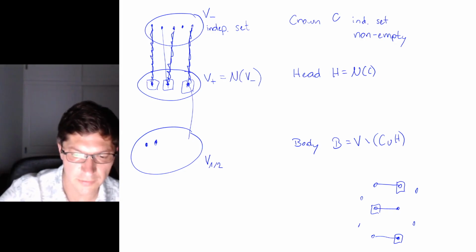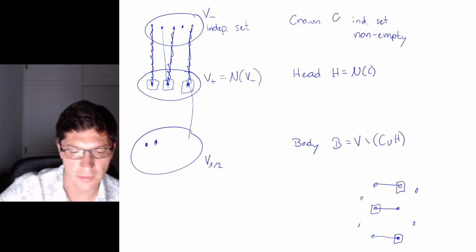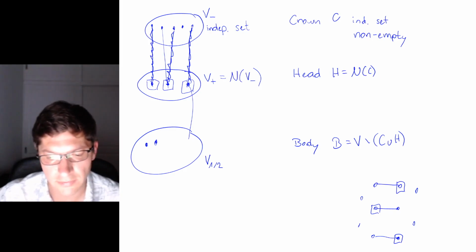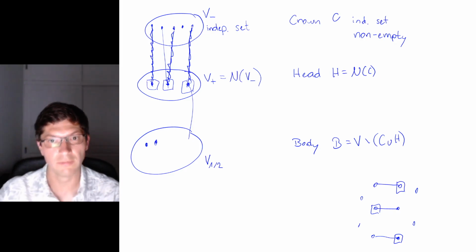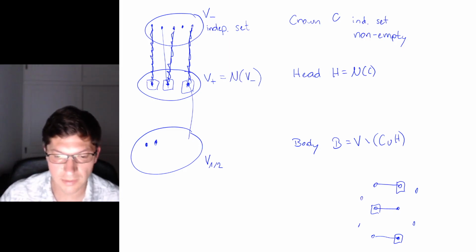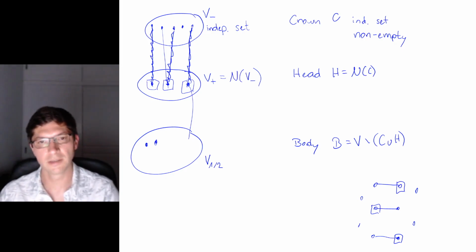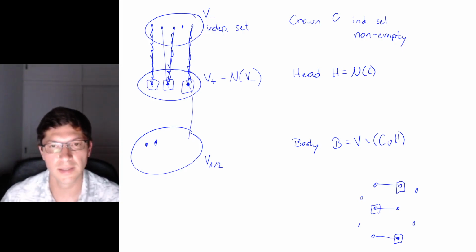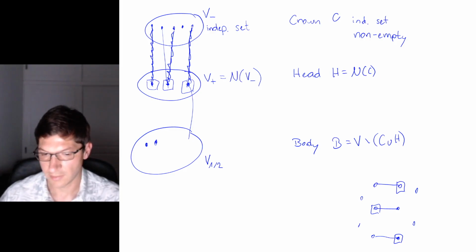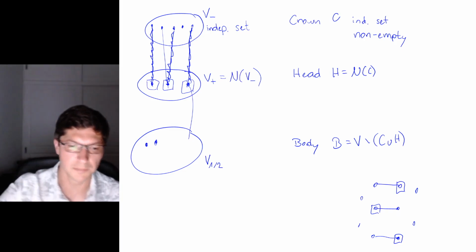We observe that there's no edges from V- to V1/2. So everything is covered by taking V+ into our vertex cover. And we know that, just to cover the edges of the matching, we'll need cardinality of V+ many vertices. So basically we want to prove that this is optimal.